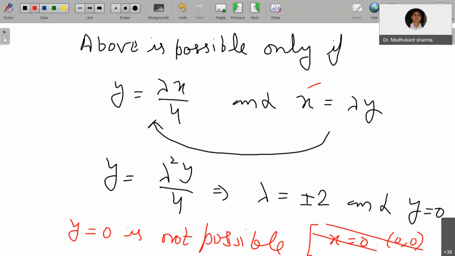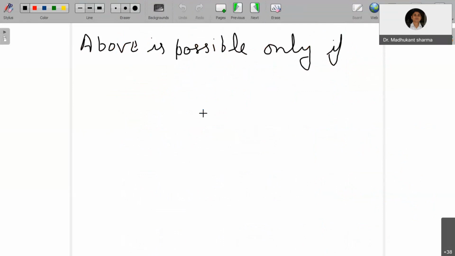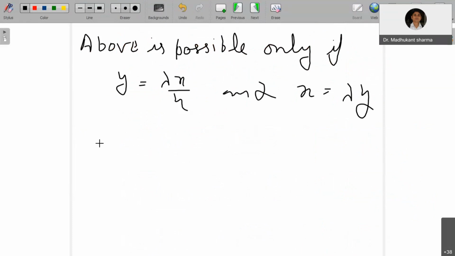So the above is possible only if y equals lambda x by 4 and x equals lambda y. Together this implies y equals lambda square y by 4.